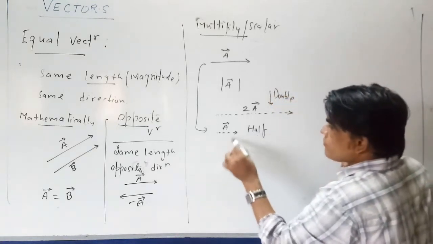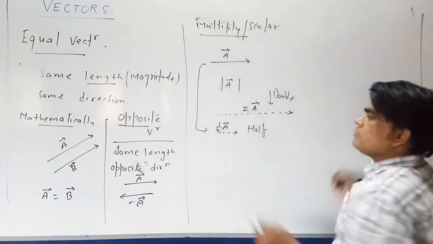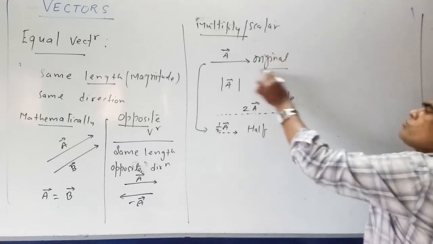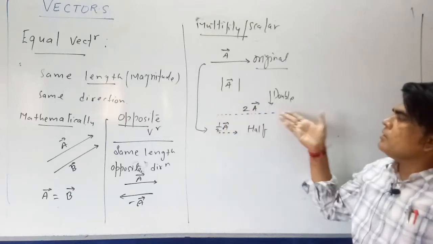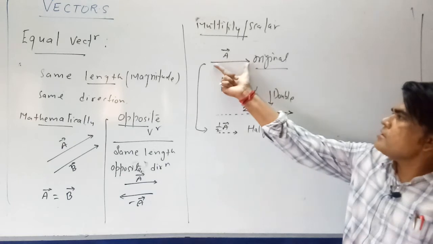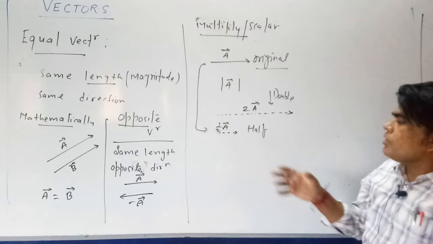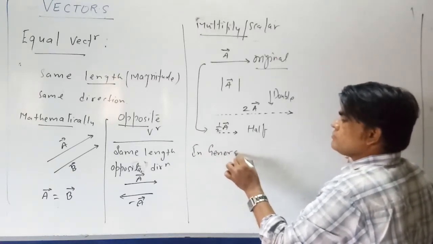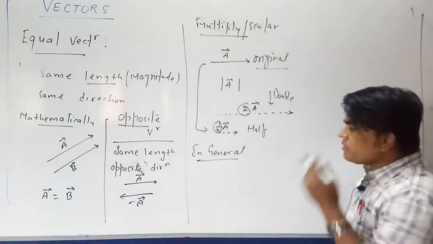So this half means the new vector is half of the original. This is the original. If my original vector is A and I want to make it larger, double, then I multiplied the length by two. Now similarly in general, these numbers can be any positive scalar.